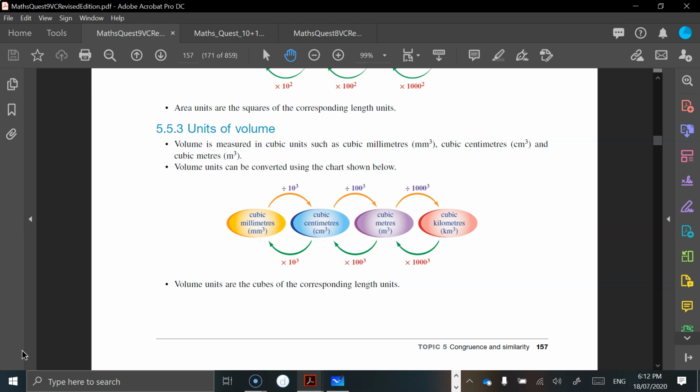Same thing with volume. Because volume is in units cubed, we are converting relative to that. So instead of 1,000 meters in every kilometer, we have 1,000 cubed meters in every cubic kilometer.